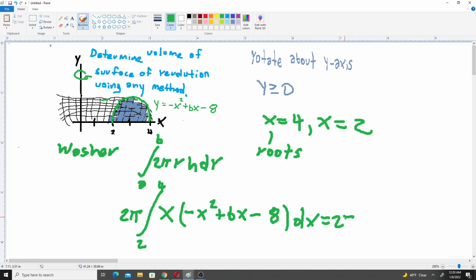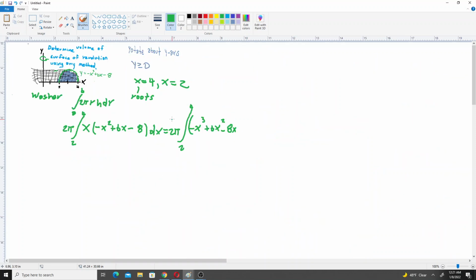So 2 pi times the integral from 2 to 4, and inside here we have negative x cubed plus 6x squared minus 8x dx. Alright, integrating this is pretty straightforward.